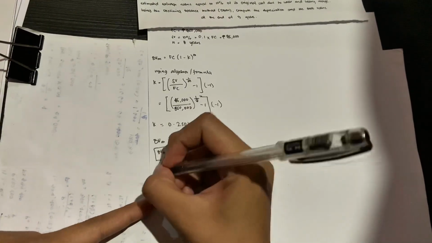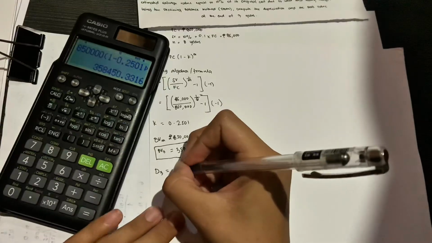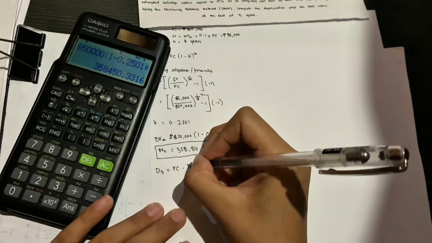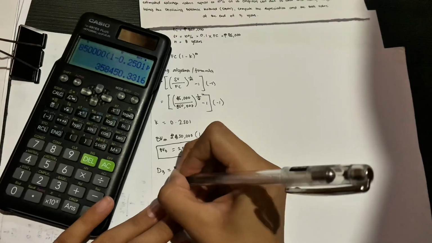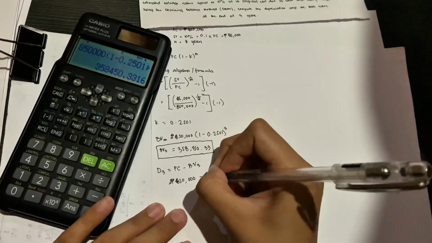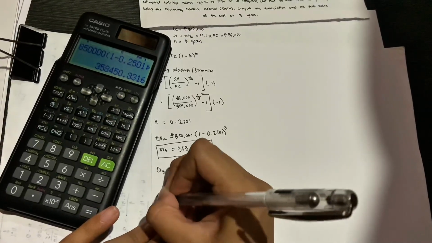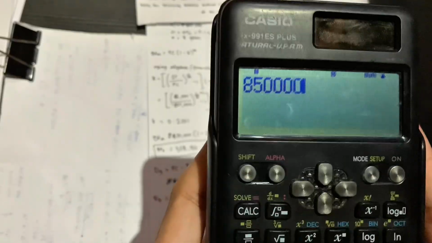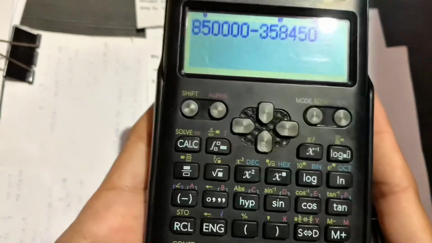Now let's compute the depreciation after 3 years. The formula is first cost minus the book value, which is 358,450.33. So 850,000 minus 358,450.33.